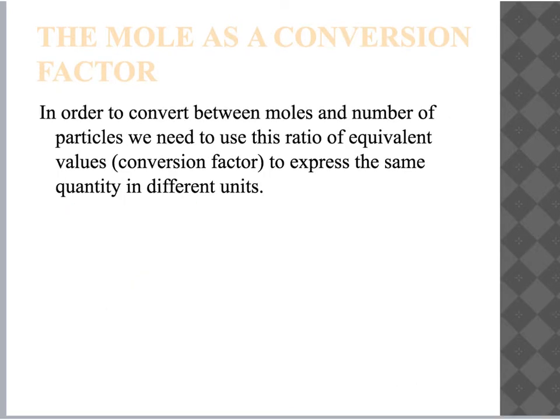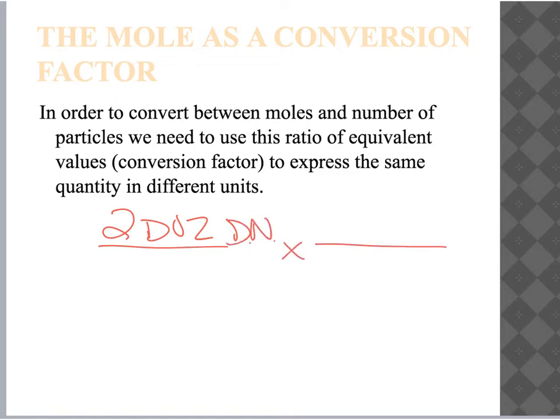So in order to convert between moles and any number of particles, you would use dimensional analysis like we did earlier. Just to refresh your memory, if I were to say I had 2 dozen donuts, and I'm doing a conversion factor, I want to make sure that I'm putting dozen on the bottom, because if you remember, we want those units to cross out. And we know that 1 dozen is equal to 12 objects, and in this case it was donuts.